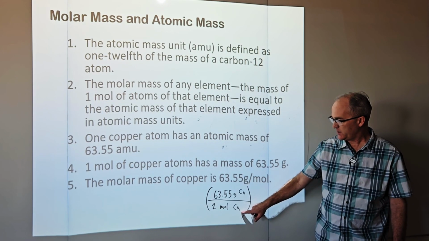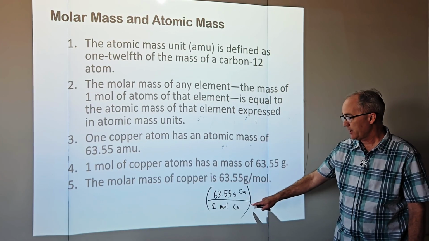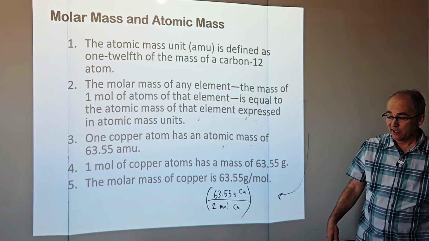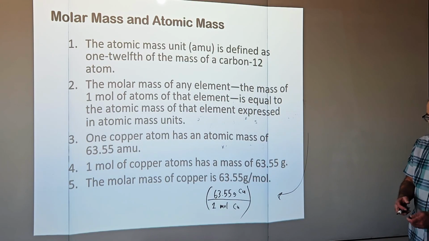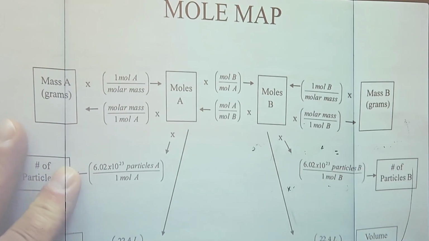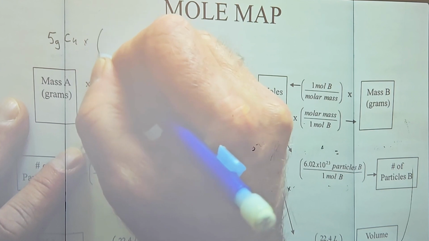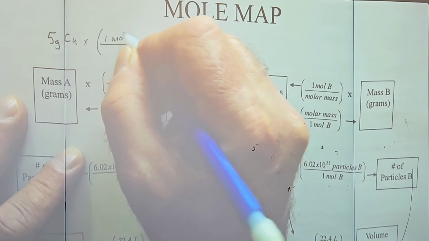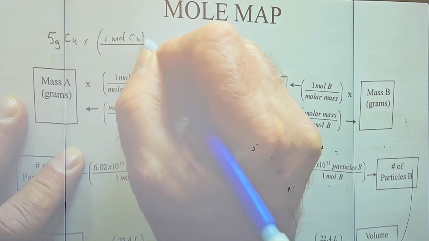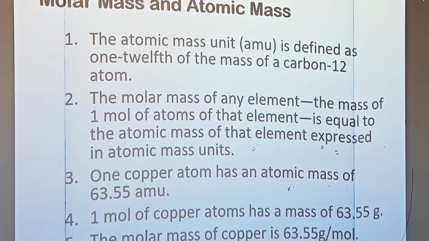1 mole of Cu, that almost looks like calcium. Let me fix that up. 1 mole of copper is that many grams. That also contains Avogadro's number. So when I have a mole map, let's just say I have 5 grams of copper, and I multiply by something that says 1 mole of copper is equal to 63.55.